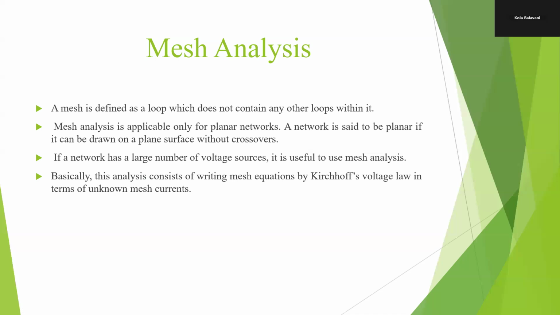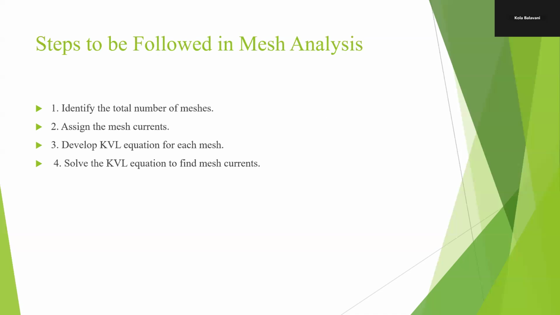Next, the steps to be followed in mesh analysis. The first step is identifying the total number of meshes in the given electrical network. The second is to assign the mesh currents. The third is to develop the KVL equation for each mesh. And the fourth is to solve the KVL equations to find the mesh currents. So first, from the given network, identify how many meshes are there.